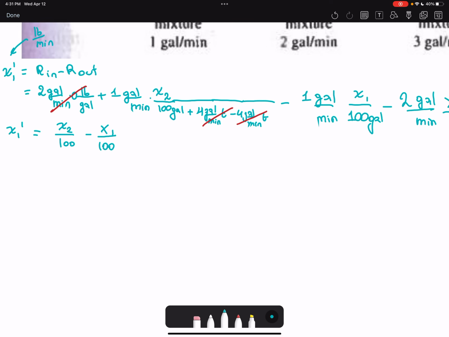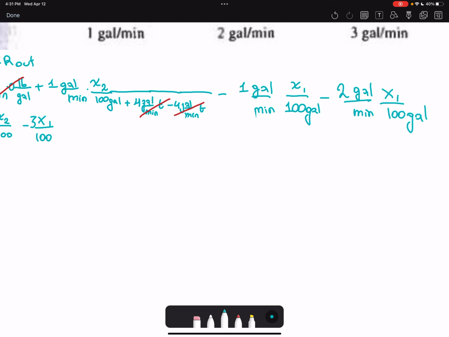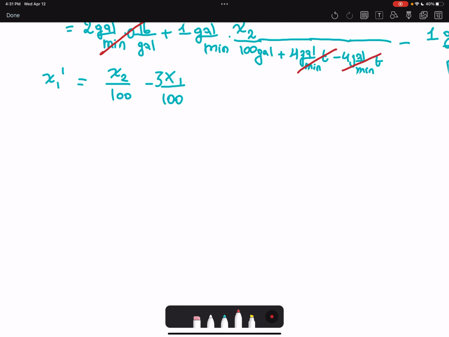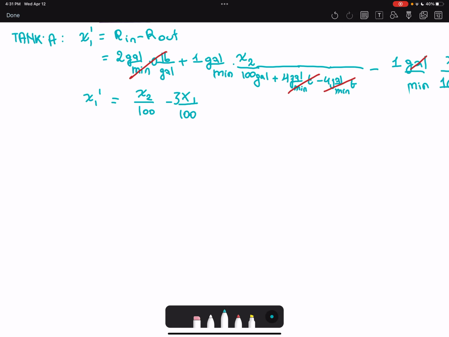So we can say minus 3, because the gallons here cancel out. And then we have x over 100 minus 1x over 100 minus 2x over 100, which is minus 3x over 100. So in total, this is the model for our tank A.